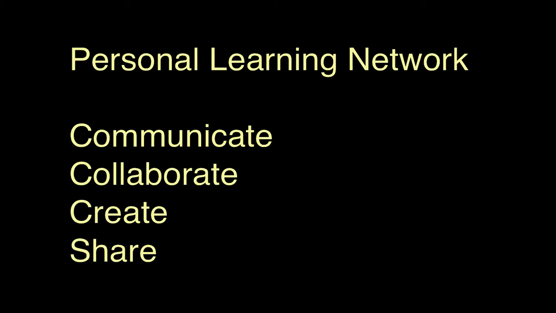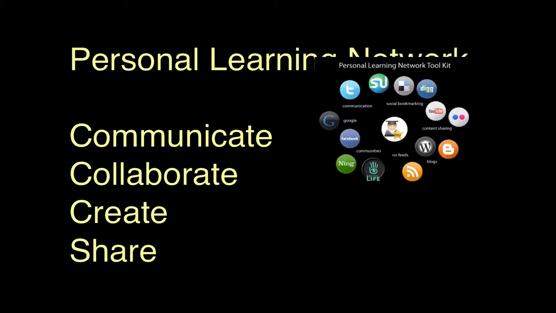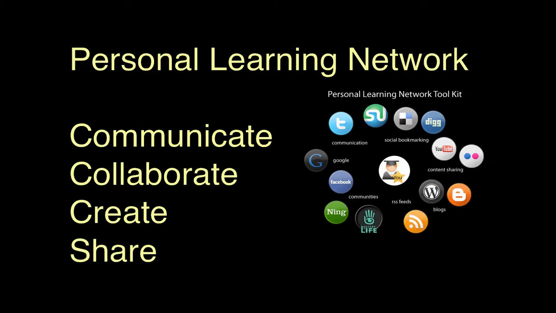And if we situate now a personal learning network within that personal learning environment, and we think about the personal learning environment as a learning space, which is what this module is about, we'll come into what it is as an individual and what those networks are that we make. And because of the technology that we have access to, the social networking technology that comes from Web 2, we're able to make connections, communicate, collaborate, create and share with people from all over the world.